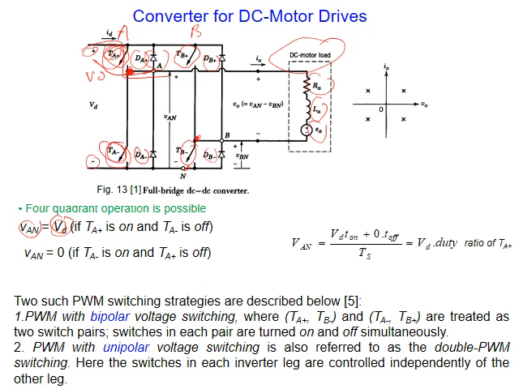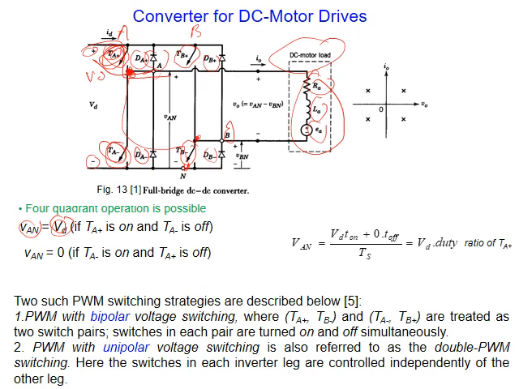When this one is on and TA positive is off, we have 0 voltage because this point is connected directly to the negative. Okay. Now the difference between this point A and this point B will give me the output voltage. As you can see here, V output is VAN minus VBN.